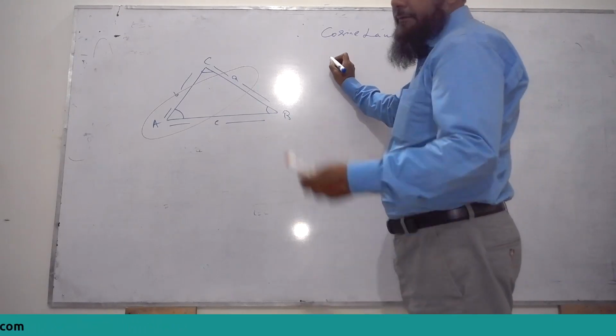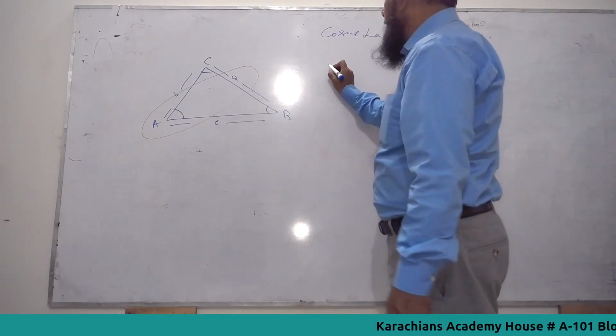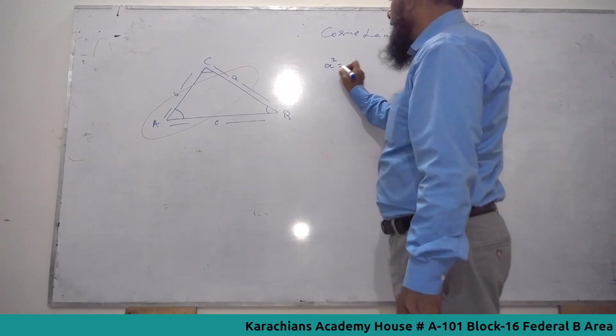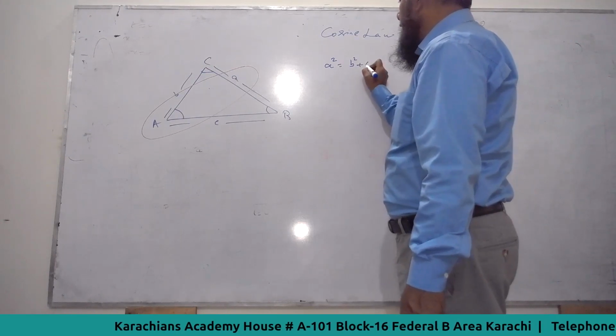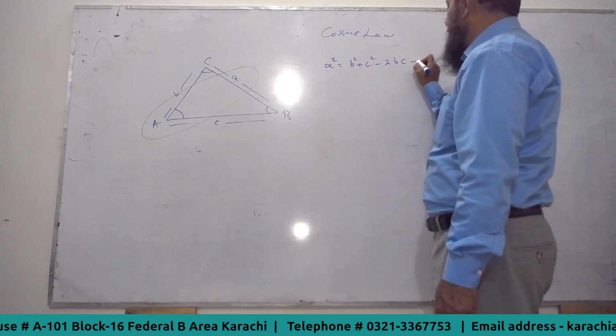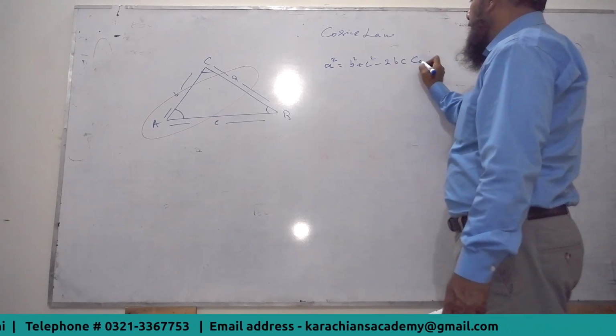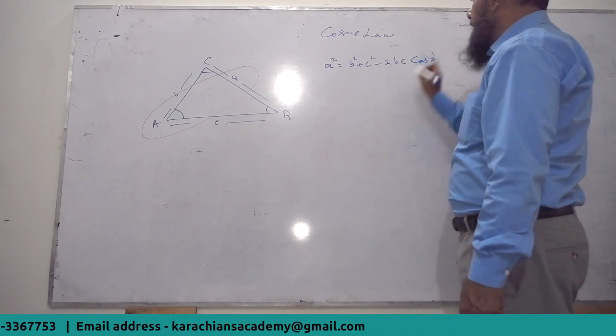If we have three sides and one angle, then we can easily find one side. Let's suppose we need side a. So we'll use the formula a squared equals b squared plus c squared minus 2 times b times c times cosine of A. It's a formula.